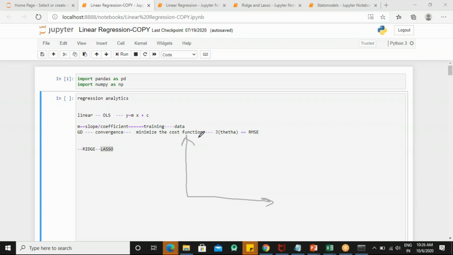Ridge and lasso you want to understand. Okay, so I need to explain you the formulae before I tell you this. One second. This ridge and lasso things can be done with that.